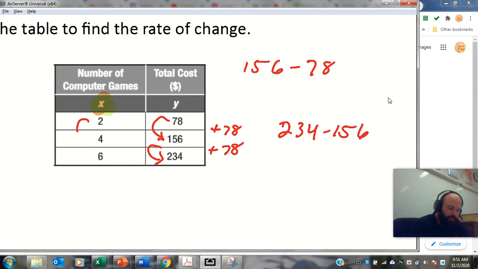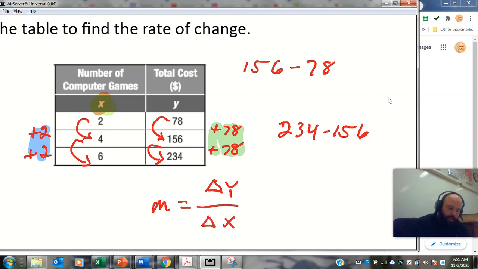So over here, you can see we went from 2 to 4. Well, that was adding 2, right? We could figure that one out without having to actually subtract the numbers. And then I went from 4 to 6, and that was also adding 2. So now we have these two quantities, right? We have the change in y, and then we have the change in x. So in order to calculate our slope, it's as simple as delta y over delta x.